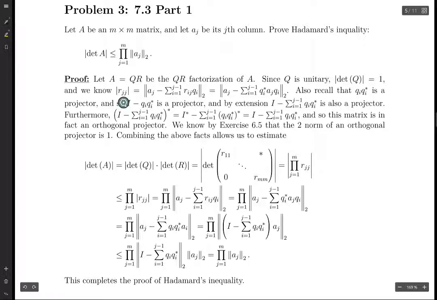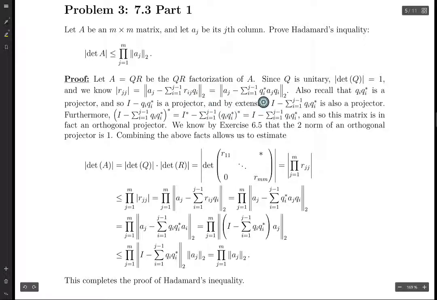Now, if you go back and look at the textbook, you'll see that the norm of RJJ for any J between 1 and M is going to be the 2 norm of AJ minus this sum here. But because Rij, for I strictly less than J, this becomes this, because that's how you get the Rij's.